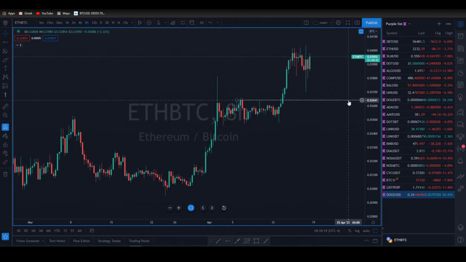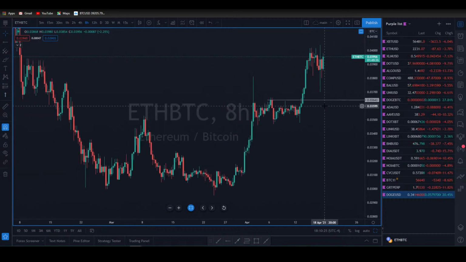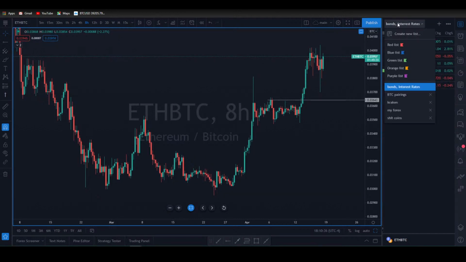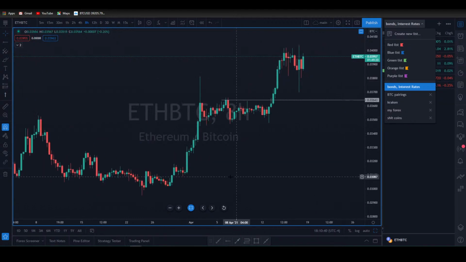Boom, that's the level that I want to see hold as support. If we get a test of this level and a hold of support, I will be entering this trade. I did take a trade on ADA BTC yesterday. Obviously, that trade went bust. But yeah, I like ETH BTC. I am looking for an entry around 36.43 if that level holds as support.